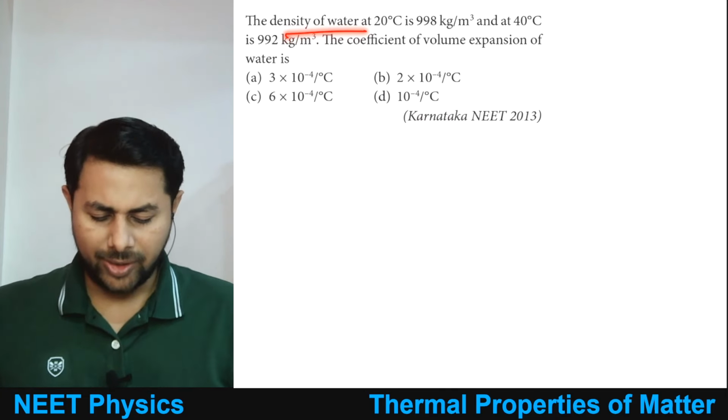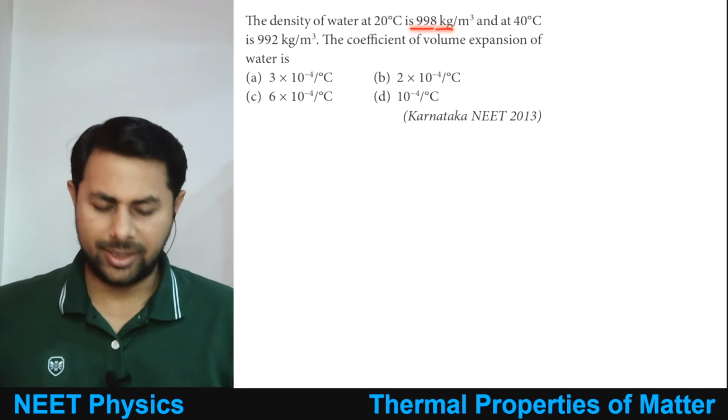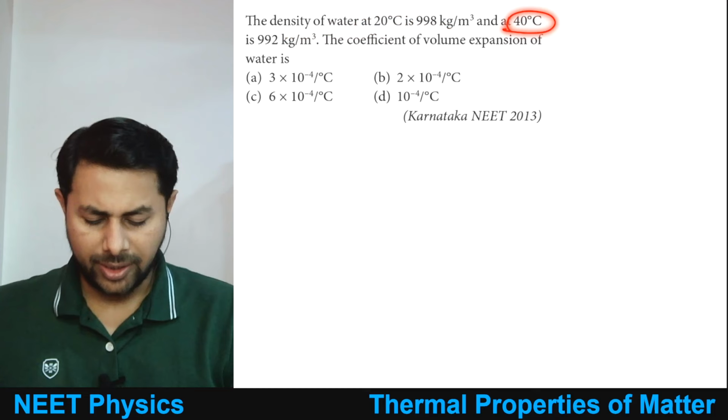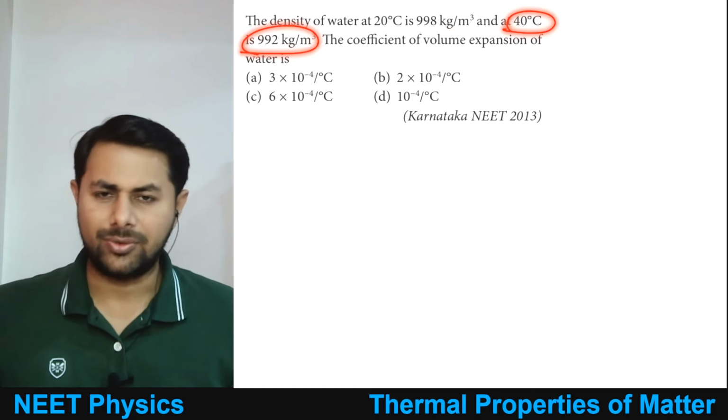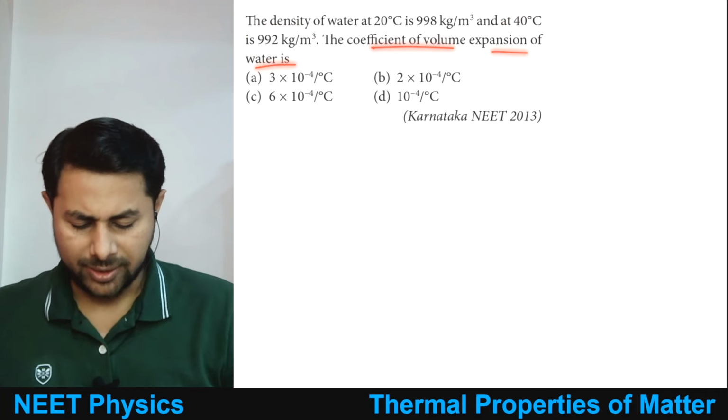The density of water at 20 degrees Celsius is 998 kg per meter cube, and at 40 degrees Celsius it is 992 kg per meter cube. The coefficient of volume expansion of water is.